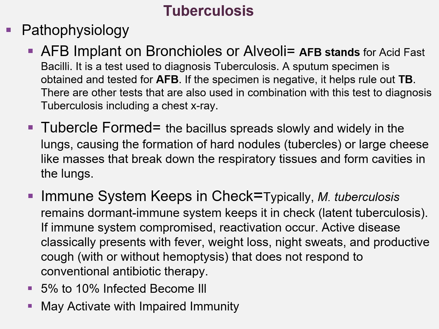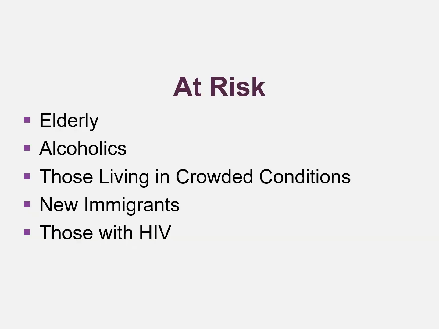About 5 to 10% of people infected become ill with it. So the main thing to remember is that it usually stays latent, and then it can be activated with any sort of impaired immunity or immunocompromise.